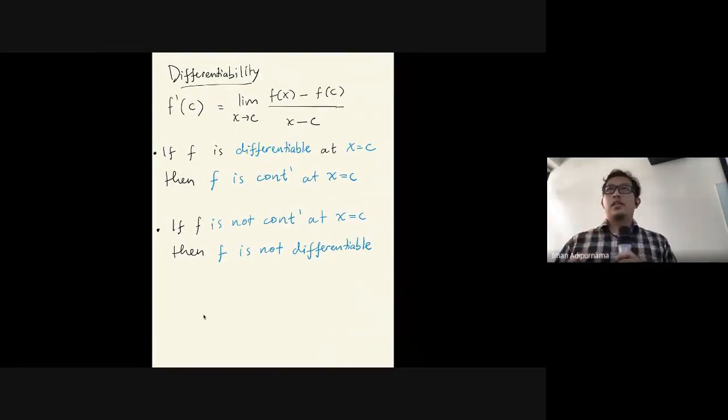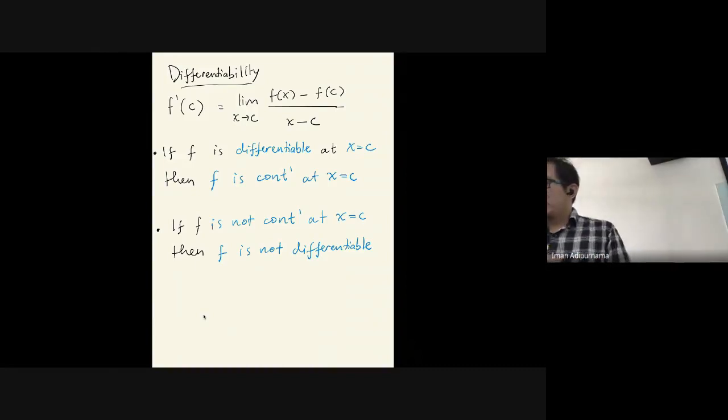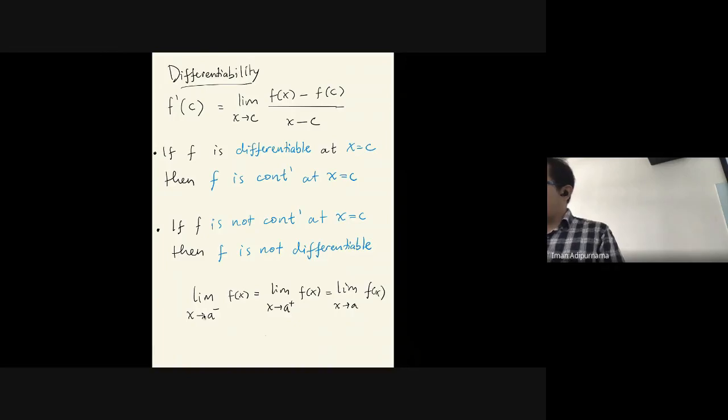You can use limit. Okay? You can use the limit x approaching a from the left side. It needs to have the same value if you approach from the right side. And then you can conclude this is same. And this is also the same as f of a.